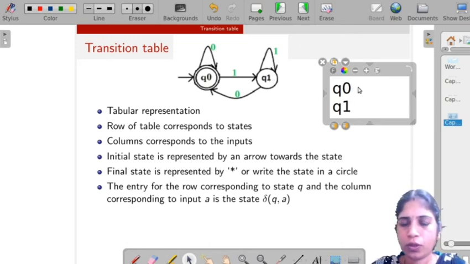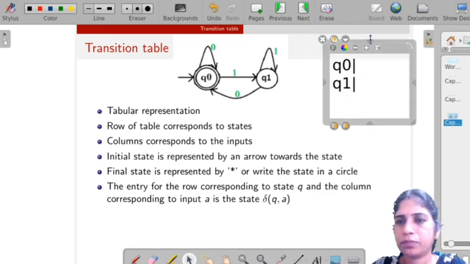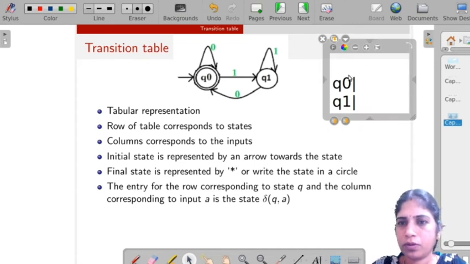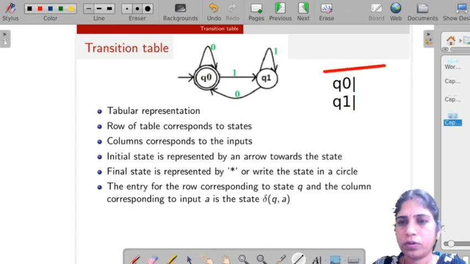Then columns represent the inputs. So here we can draw the columns. These are the two rows, and here we have two columns because there are two inputs, 0 and 1.